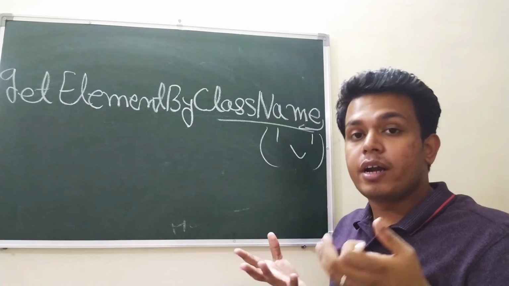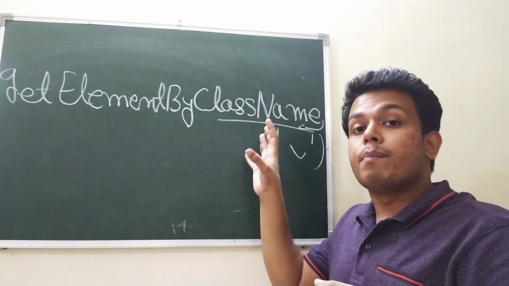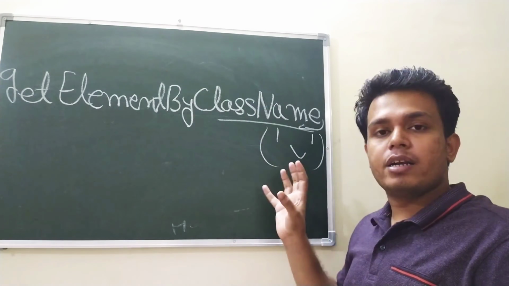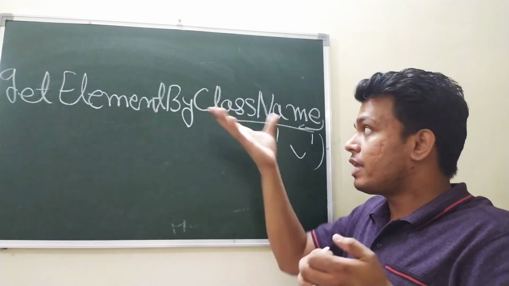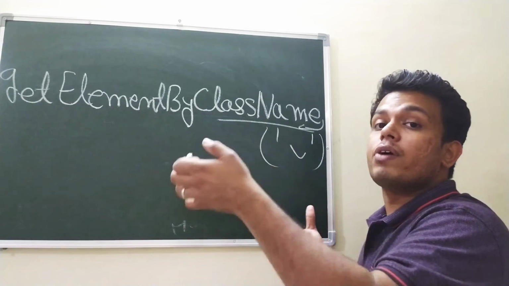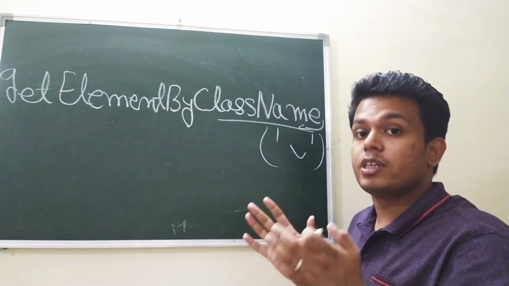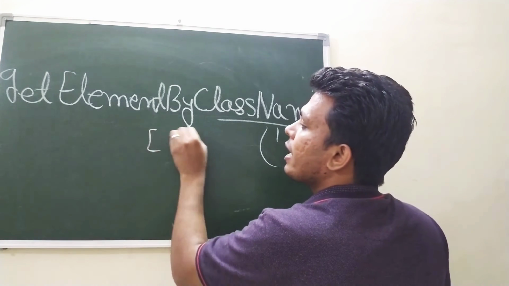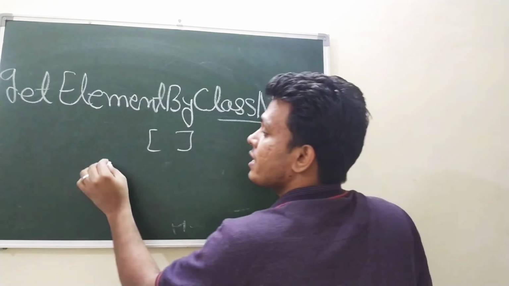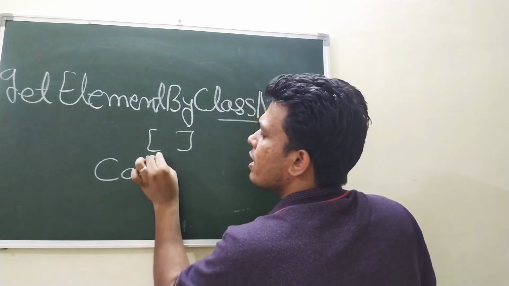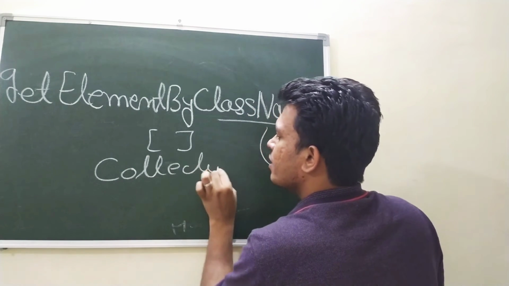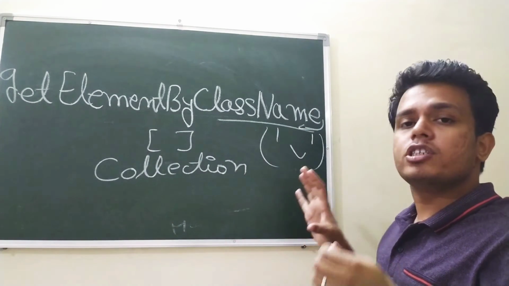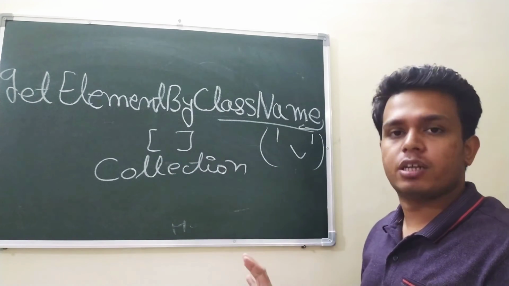Right? As I already told you, you can grab multiple elements. We are grabbing multiple elements with a single statement. So that is why it is going to return a kind of array, because it can be single, it can be multiple, right? So it is going to return an array-like structure which is known here as a collection. It is more or less an array, but the terminology used exactly here is a collection, right?